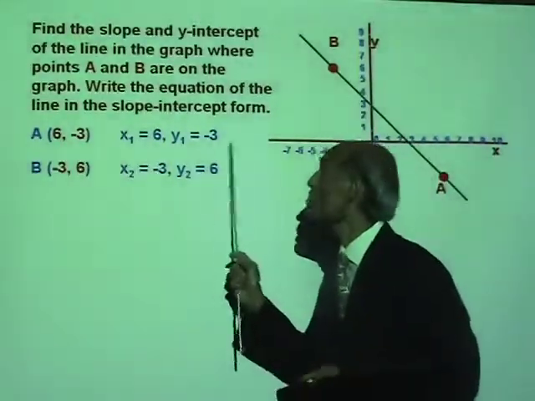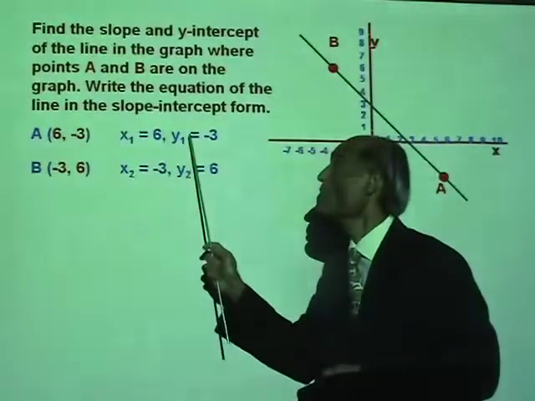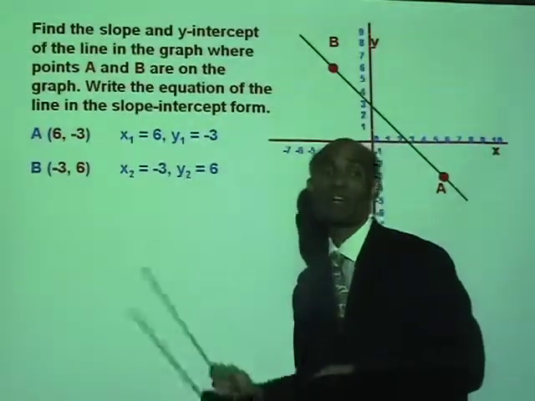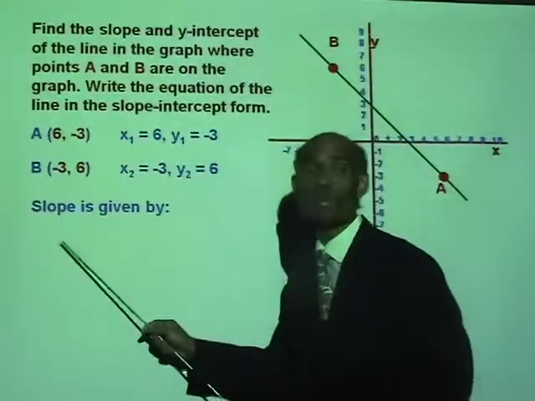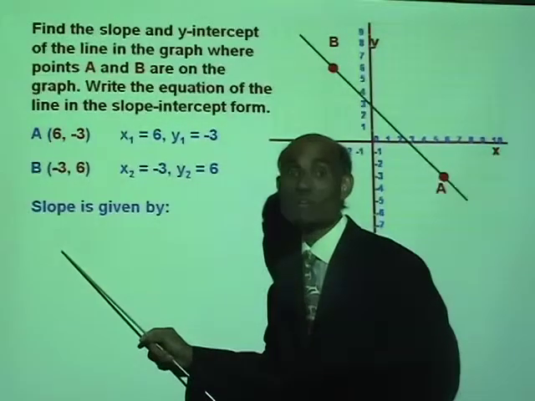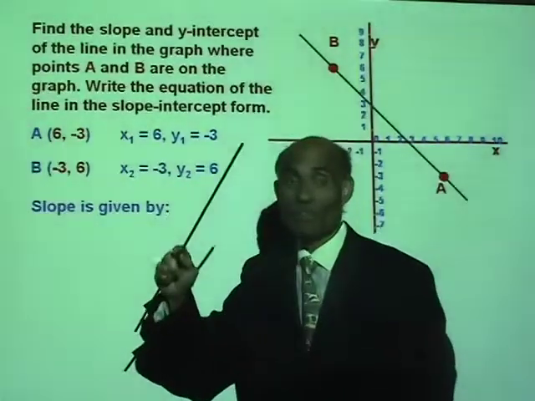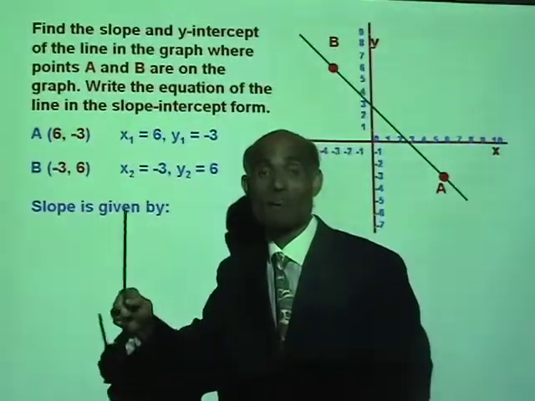Can you find the slope of this line? You have x1, x2, y1, y2. What is the equation for the slope? The equation for the slope is, alright, anybody tell me? M equal to y2 minus y1 over x2 minus x1.